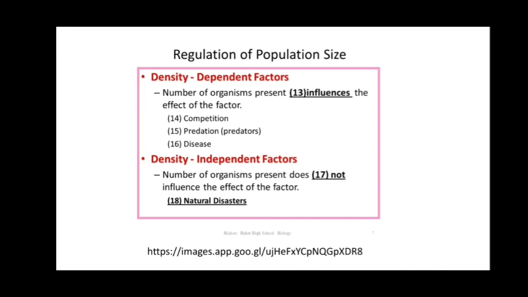This causes a shortage of food and shelter, and causes a reduction of the population due to hunger, thirst and lack of shelter. Now, predation and predators: if there is excess predation, the prey population will decrease.